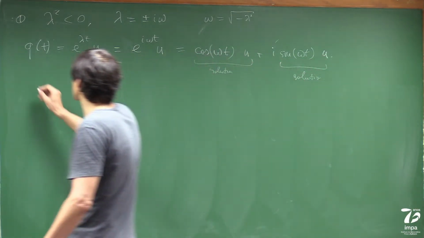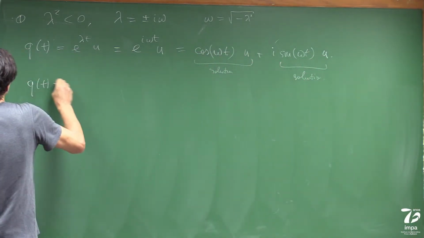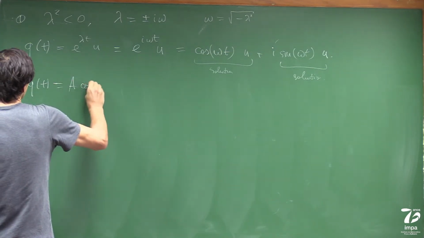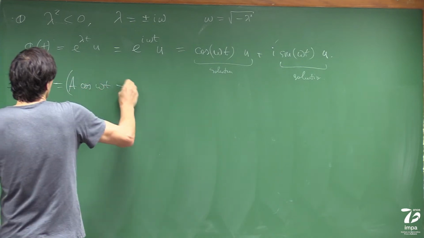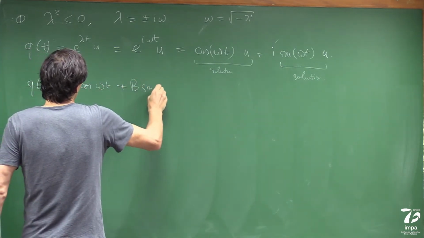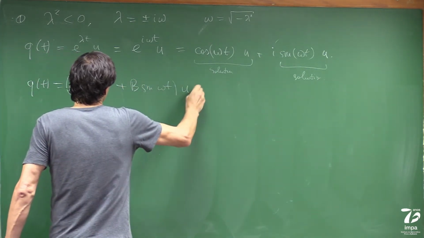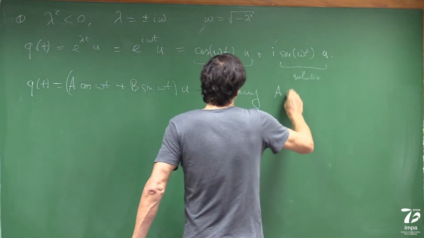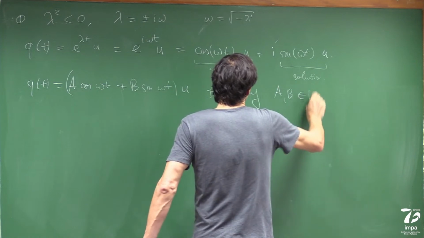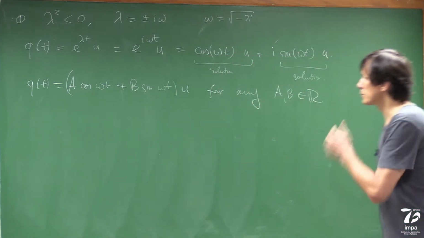So we get a solution in the form A cosine omega t plus B sine omega t, times U, for any real coefficients. So we found many solutions.